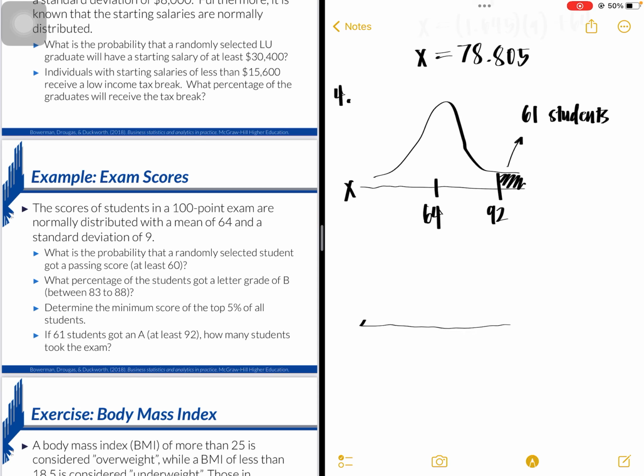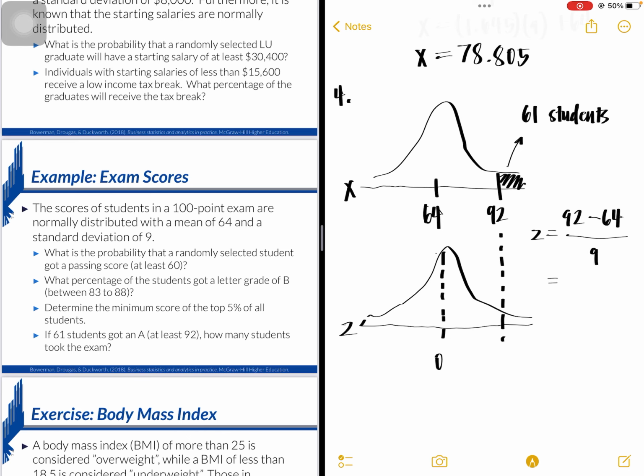We can convert this to the z distribution, where the center is 0, and the z-score for 92 is calculated using the same formula, which is x minus mu over sigma, or 92 minus 64 over 9, that's 3.11.